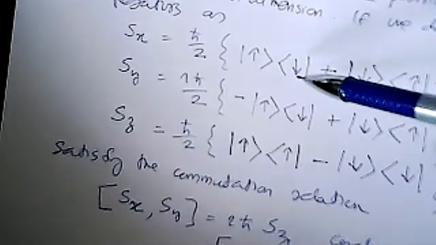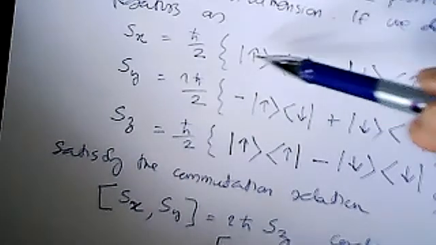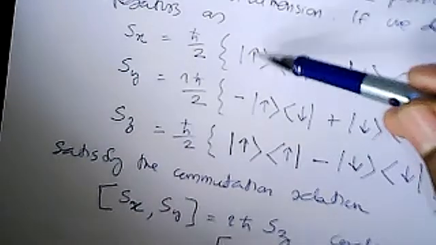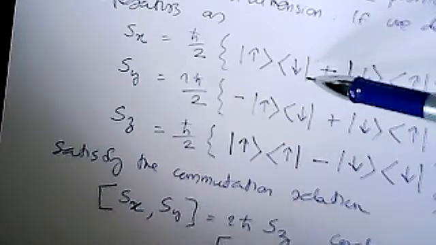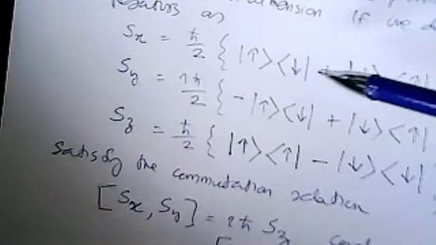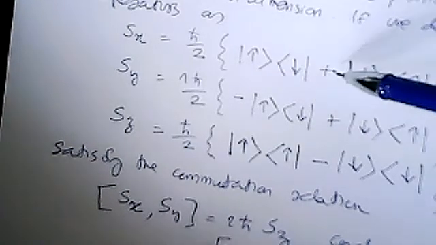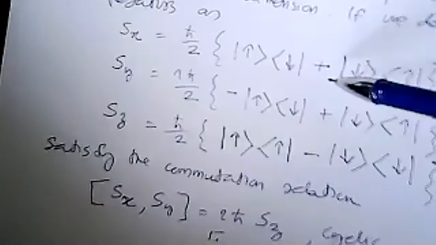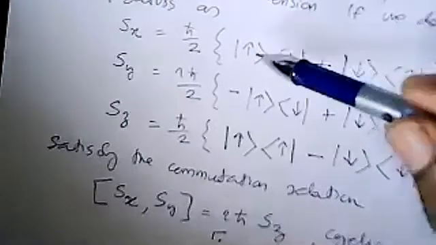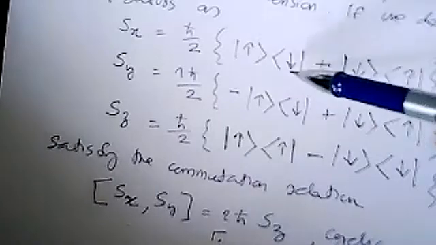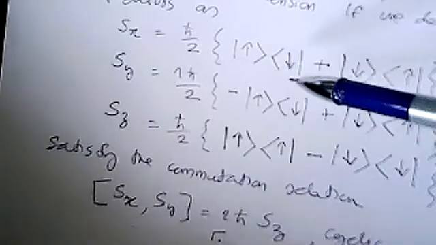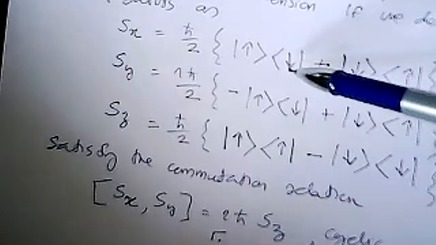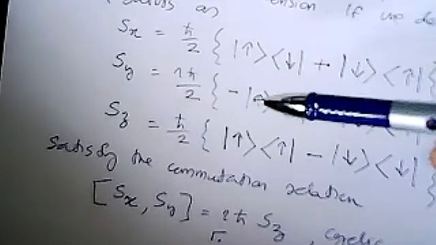In your textbook it is written as plus and minus, but I am using up arrow and down arrow in order not to confuse with this plus, which is normal algebraic addition. So I am using up arrow and down arrow for spin up and spin down. In your textbook you can see the kets plus and minus for spin up and spin down.